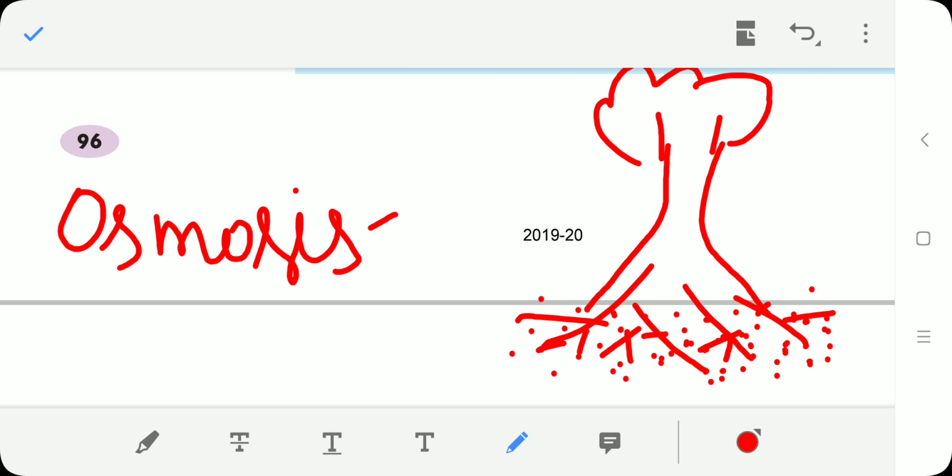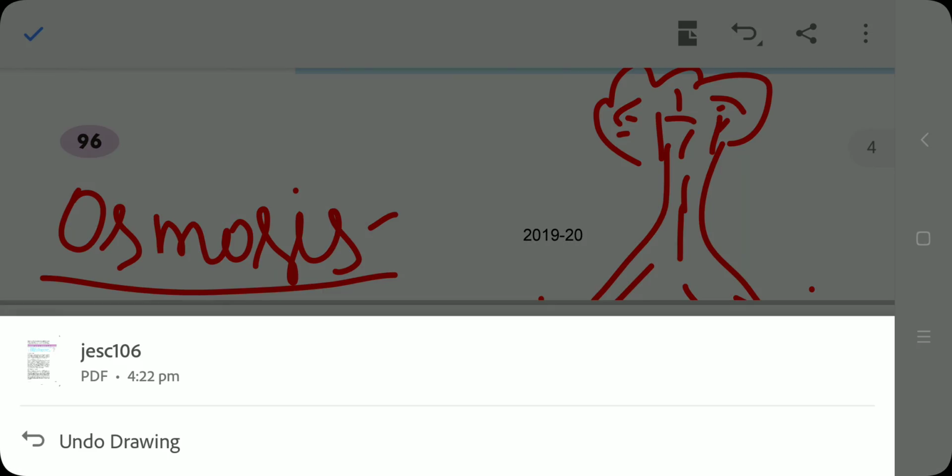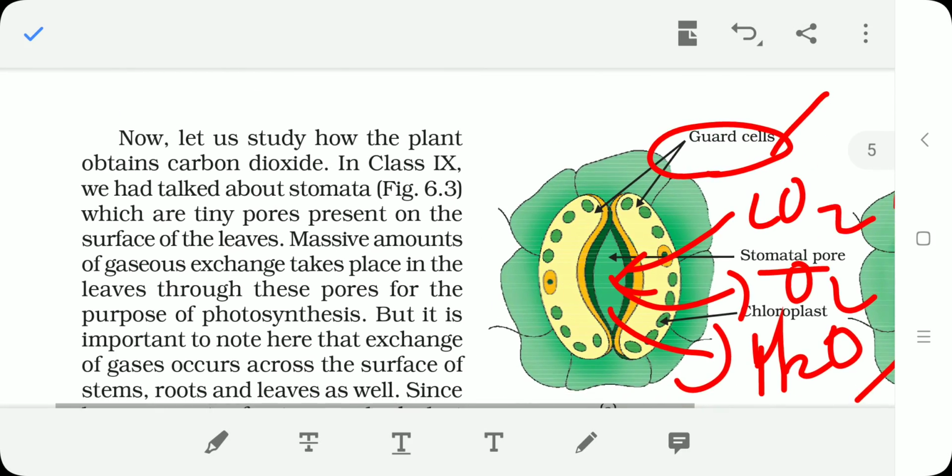In the cells of root hairs, the water molecules are fewer than in their surroundings. So water molecules go in and are absorbed by the root hair cells, and slowly one by one it goes to the entire root, and after that it goes into the xylem, and through the xylem it goes to the other parts of the plant. Clear? Through osmosis, water is absorbed by the roots of the plants. Clear? I think it's done.